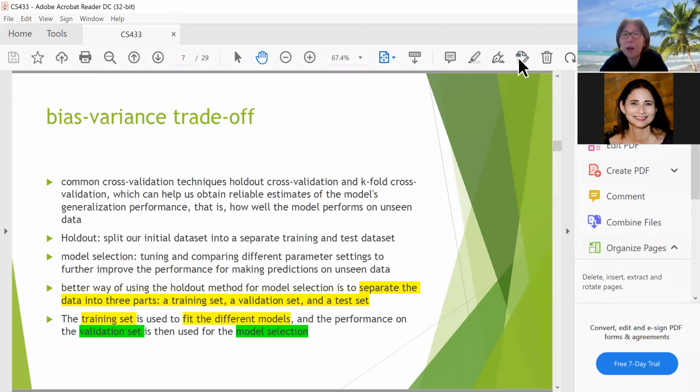Okay, so there are a couple of approaches, techniques that can help relieve the imbalance between bias and variance. One is the cross-validation techniques. We will see one called hold-out cross-validation, and the second one is k-fold cross-validation.